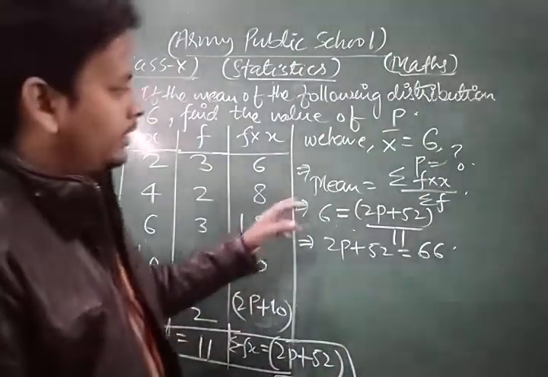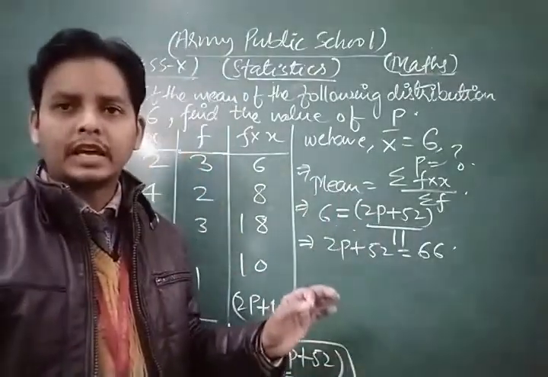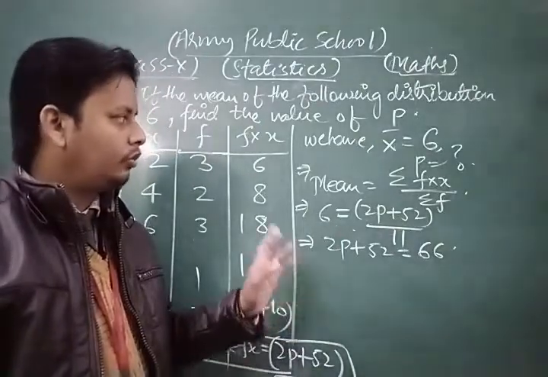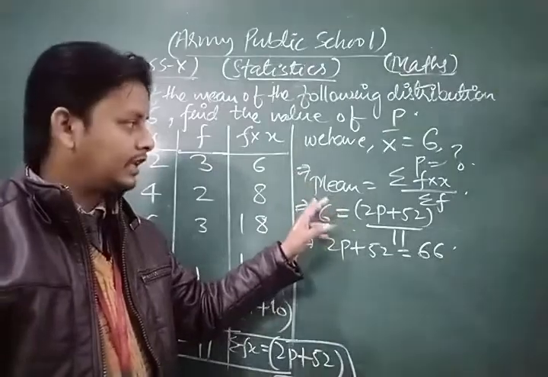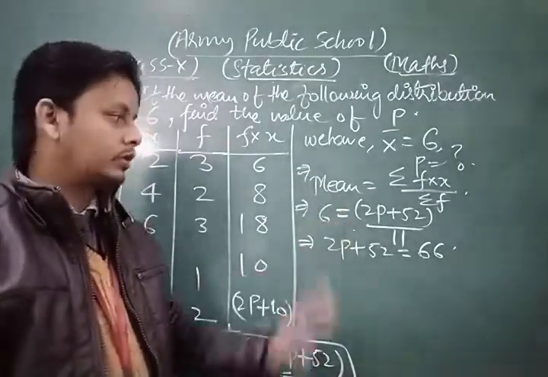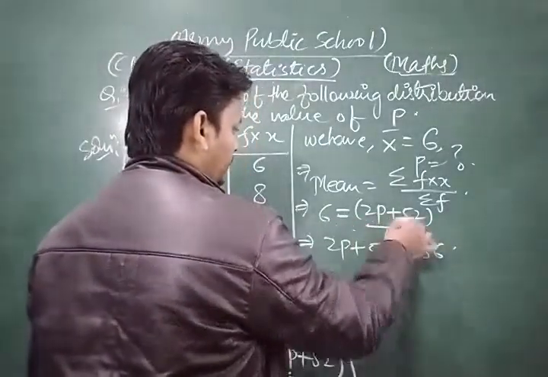Now look here, first of all we apply the formula for mean, and the formula of mean is sigma f into x upon sigma f. In that formula we put the values of mean, sigma fx and sigma f, and do the cross multiplication. So 11 times 6 is 66, and this is 2p plus 52.